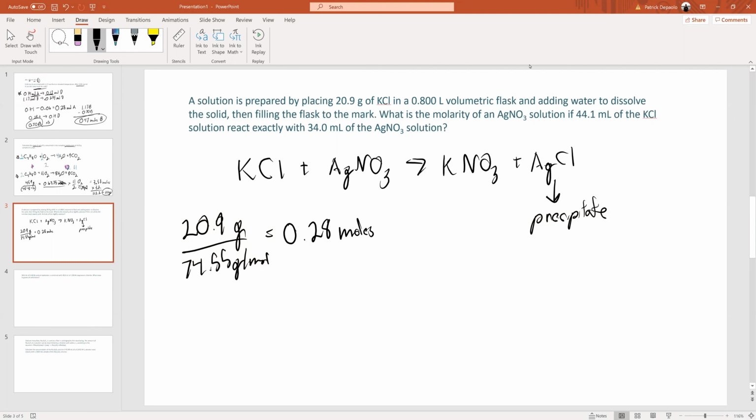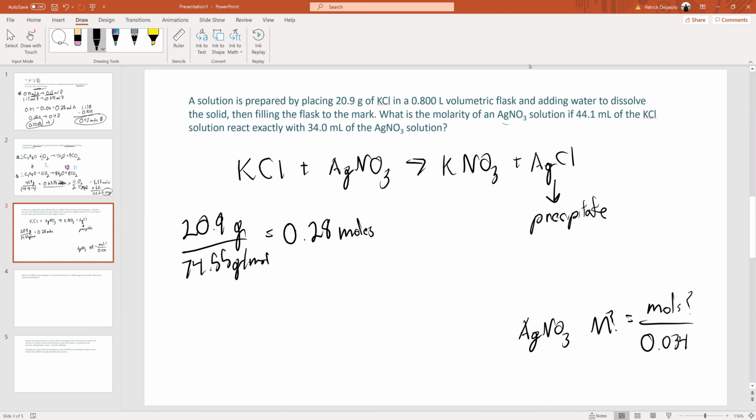Okay, so what is the molarity of the AgNO3 solution if 44.1 milliliters of KCl reacts exactly with 34 milliliters of the AgNO3? Here's basically what we're trying to do. The AgNO3 has a certain molarity, which we're trying to figure out, which equals the moles that react, which we're also trying to figure out, over the liters, which we know, 0.034.